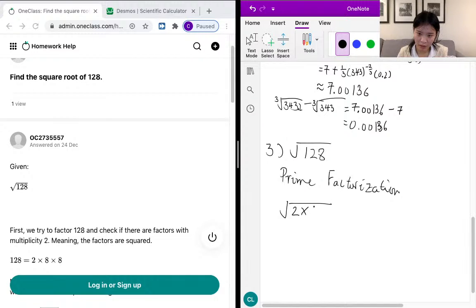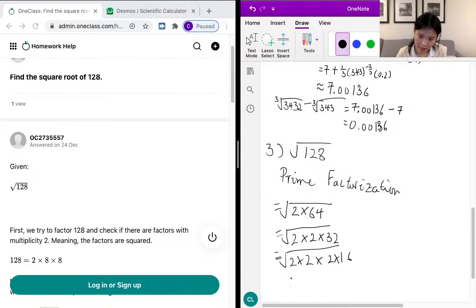We just use 128 divided by 2, which is 64. And we also know that 2 is a factor of 64, so 64 divided by 2 is 32. And 2 is also a factor of 32, so we just do 2 times 16.